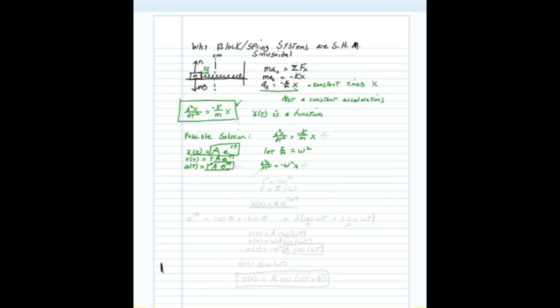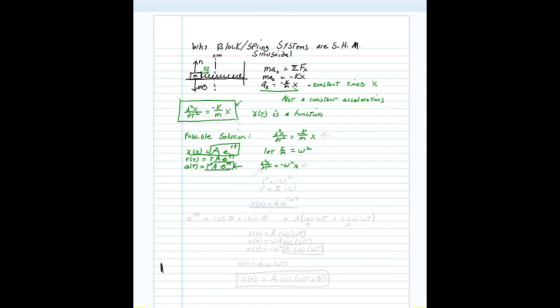Okay. Now, let's apply our possible solution that we came up with earlier, this a e to the rt. Let's try that in this particular situation. So if you look at when we did this possible solution and played around with that, you notice that we have r squared times the original function equals the acceleration.